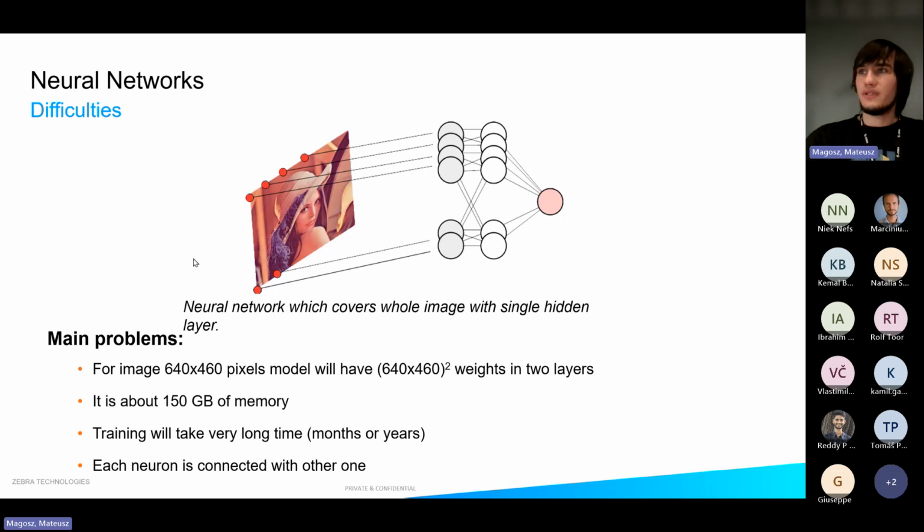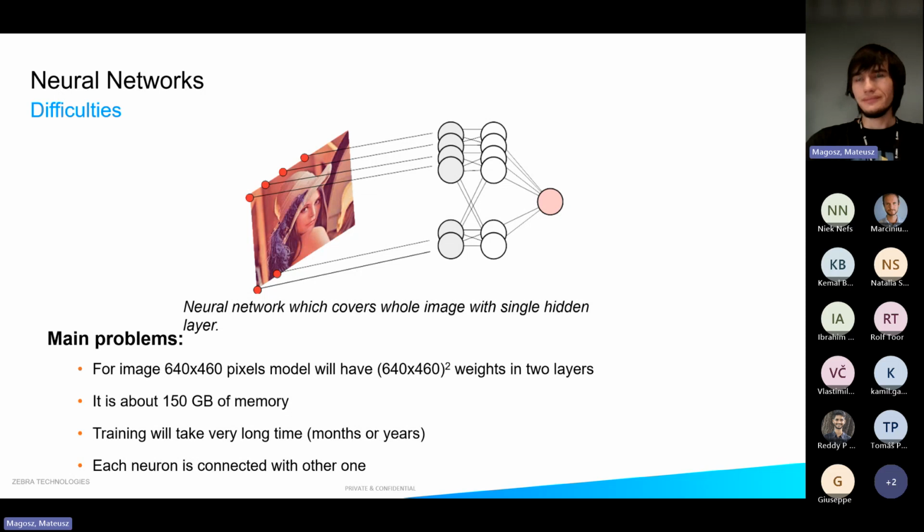Here is described the difference between traditional neural networks and deep learning, and it's the approach. In traditional neural networks, what you saw before, the neurons were connected with one another.